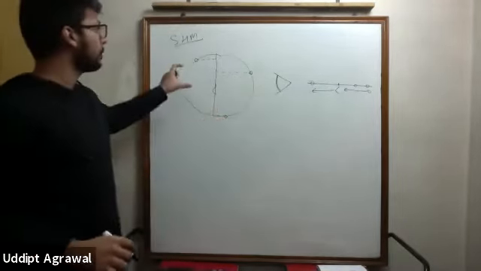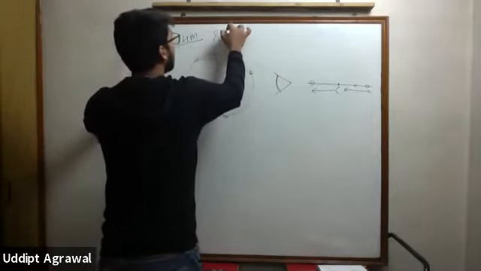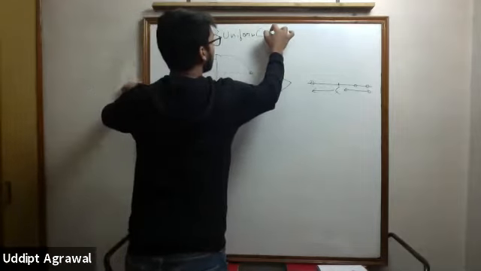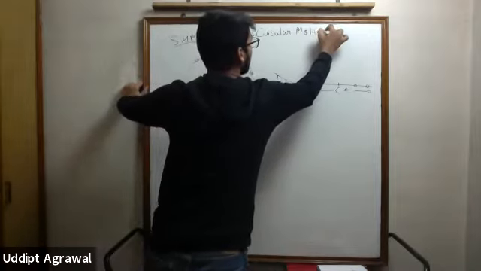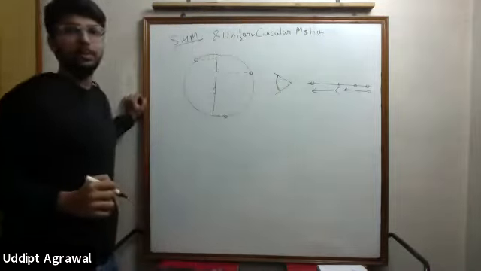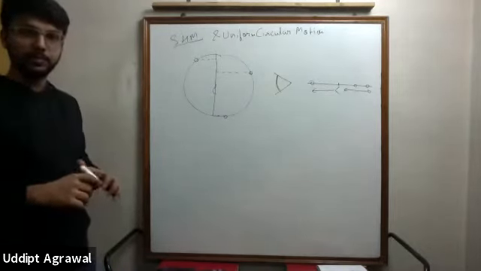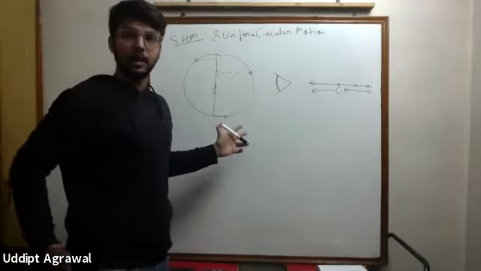So what we see is that simple harmonic motion and uniform circular motion have a lot in common, and we can actually derive simple harmonic motion from uniform circular motion. Did you get this?